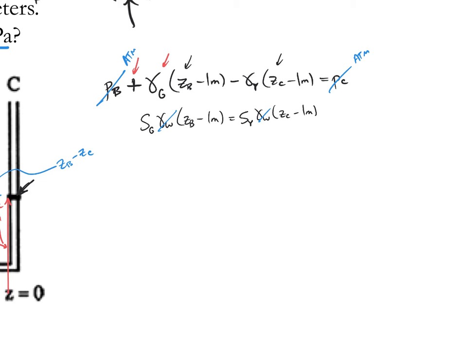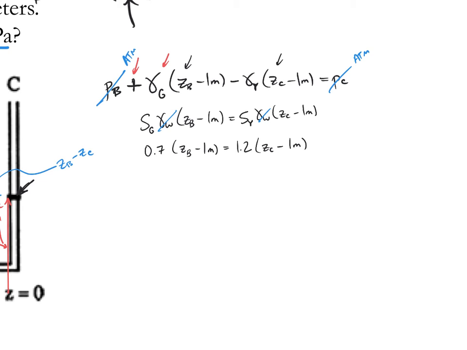Now I think it's probably a good time to start plugging in some numbers, right? And this is where things get a little interesting. So SG, that's the lighter fluid, 0.7 times ZB minus 1 meter, equals SG for the glycerin, which is 1.2, times ZC minus 1 meter.